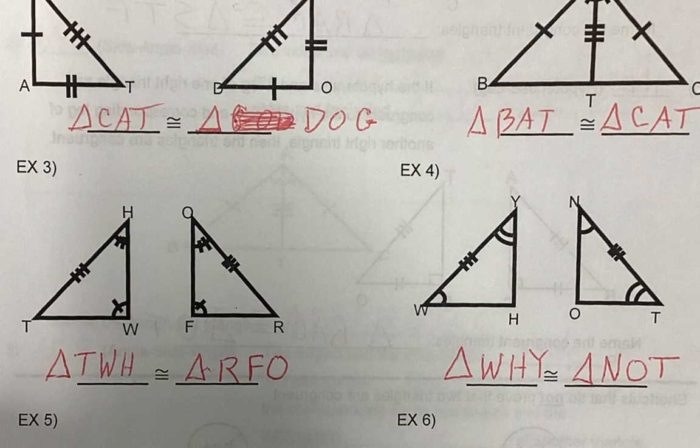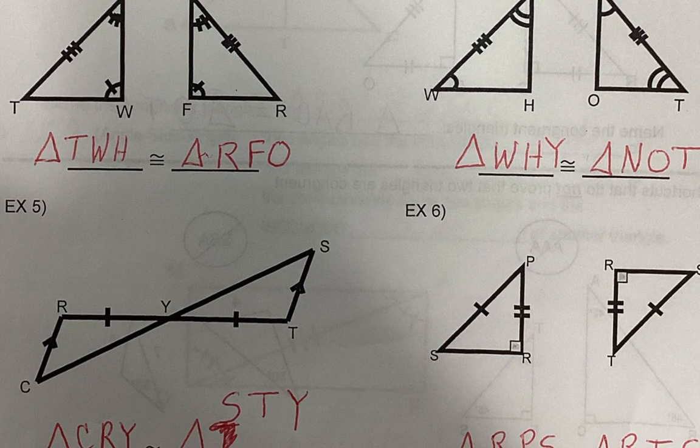There we have triangle CAT, triangle DOG, triangle BAT, triangle CAT, triangle TWH, triangle RFO, triangle WHY, triangle NOT, triangle CRY congruent to triangle STY, and triangle RPS congruent to triangle RTS.